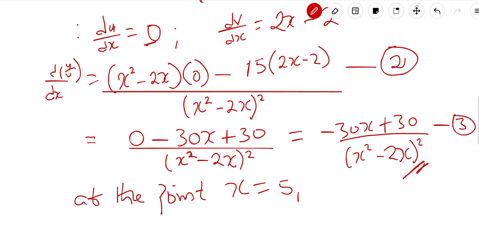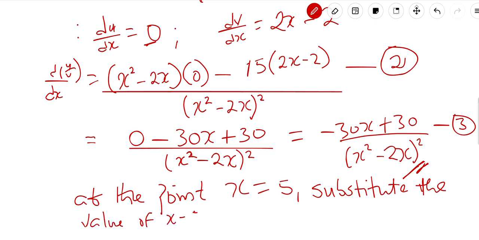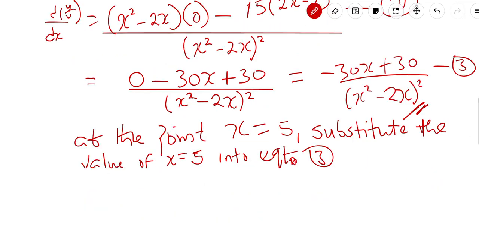I just substitute the value of x, which is equal to 5, into equation 3. Anywhere I see x, I substitute 5.